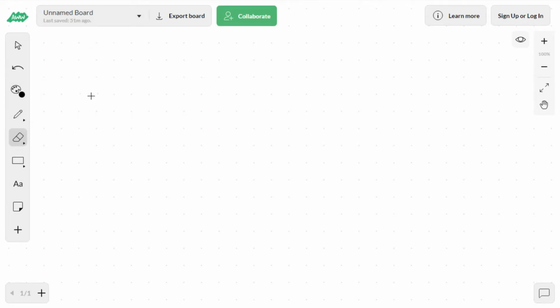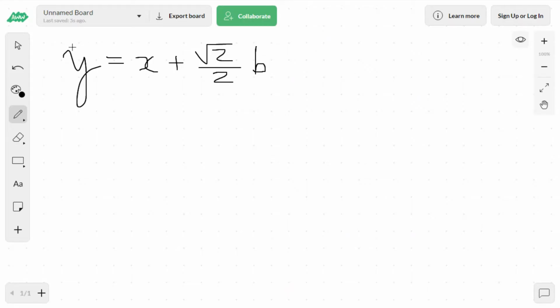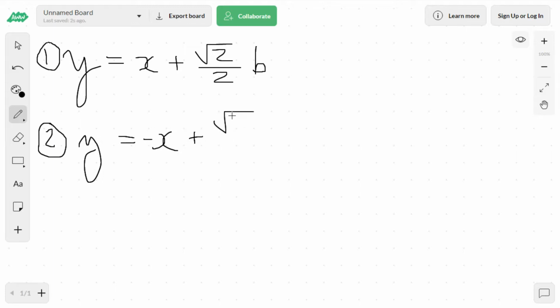We'll say Y equals X plus root 2 over 2 B. Okay, and we're going to say that this is equation 1. And then we've got equation 2, and it's going to be Y equals negative X plus root 2 over 2A, I think. Let's see.